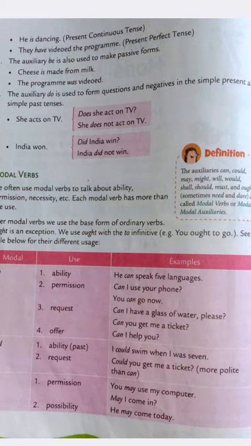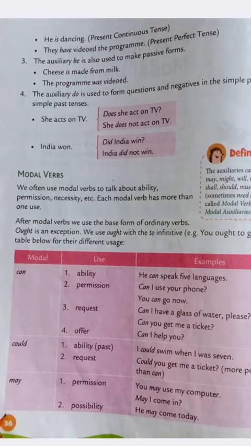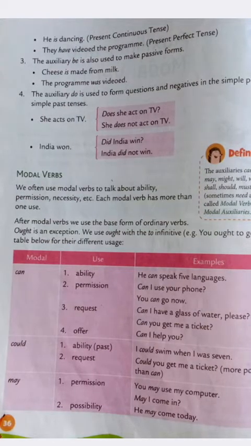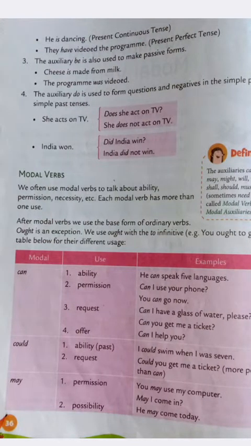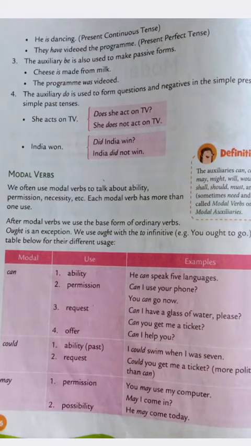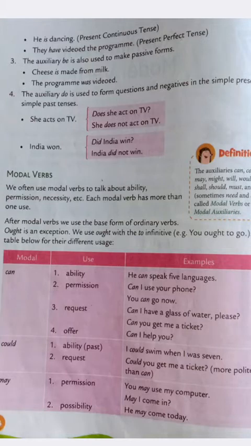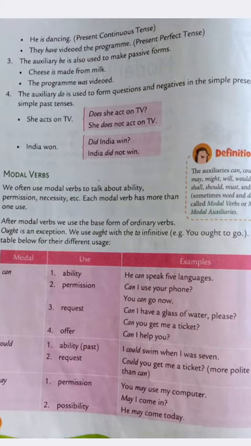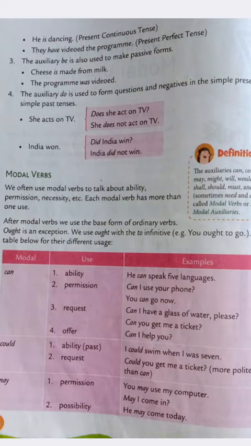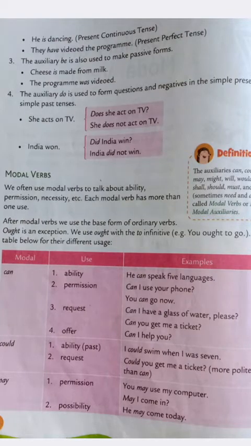Next, may. Permission. You may use my computer. May I come in? Second, possibility. He may come today. So this was the examples.